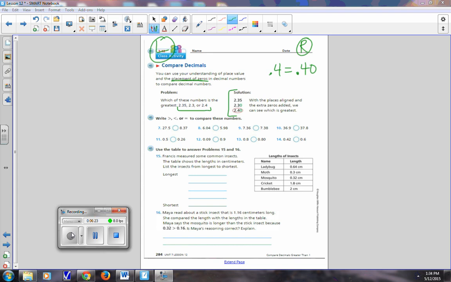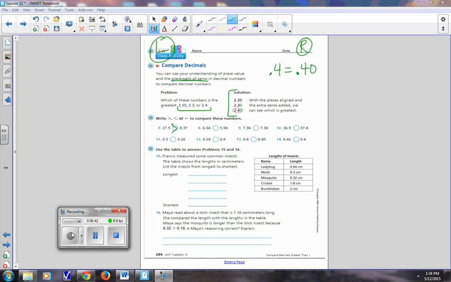So when we're looking at these down here, 27 and 5 tenths, 8 and 37 hundredths, which one's bigger? 27, that one's easy. When our whole number is bigger, focus on the whole number.